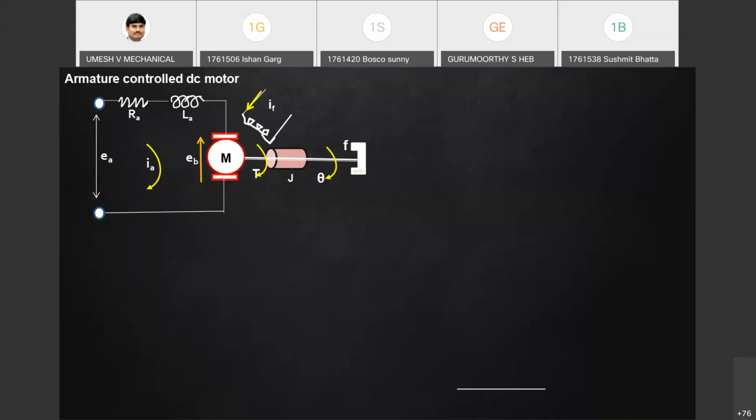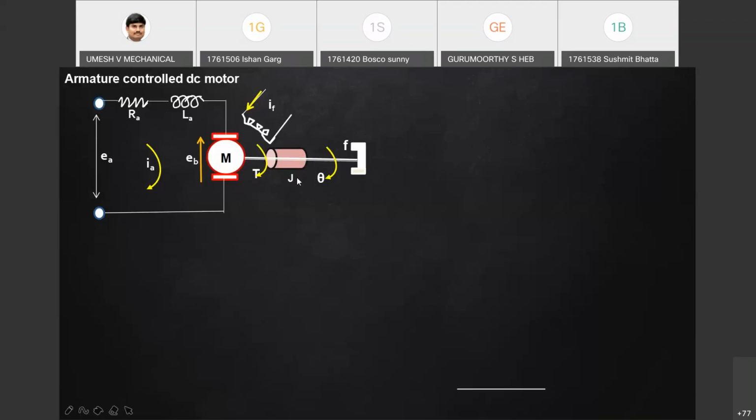Here the entire aim is that a motor is connected with a load. Load is represented in this way. It is normally a rotor, a gear maybe, wherein the rotational system, we consider the moment of inertia and the torque instead of the force into acceleration, m x double dot.